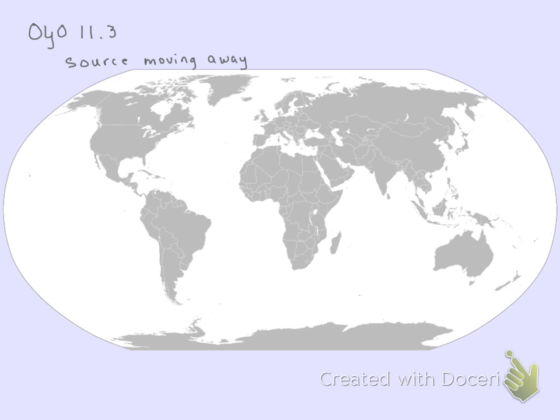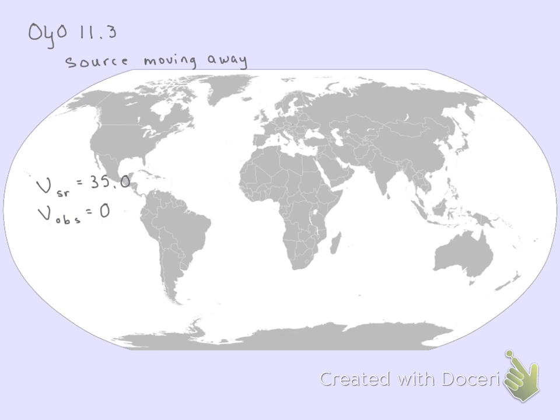Okay, so the train, the source, travels away from the station at 35 meters per second. So the velocity of the source is 35.0. And obviously, if the man is standing there, the velocity of the observer is 0.